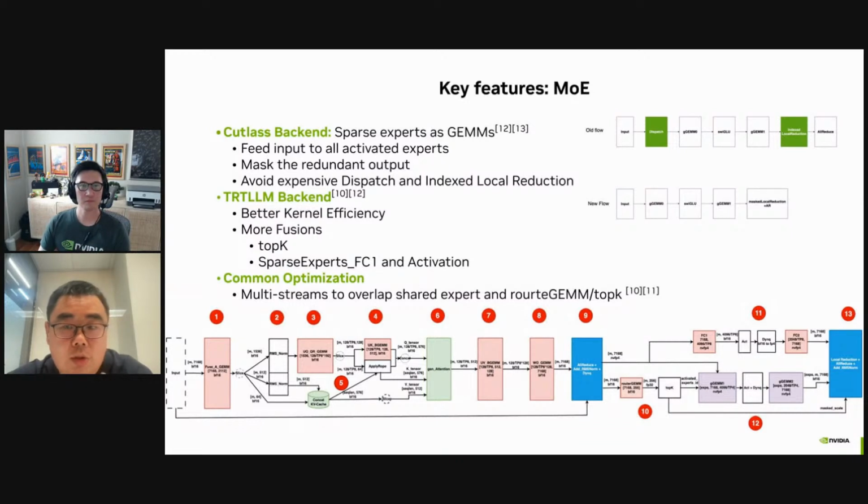And the active experts are heavily bounded on loading the weight, no matter the token is 1 or token is 4. What we need is just to introduce a mask before local reduction, and this procedure will be fused into AllReduce. And with this optimization, we can remove the expensive dispatch and index local reduction from the old flow.